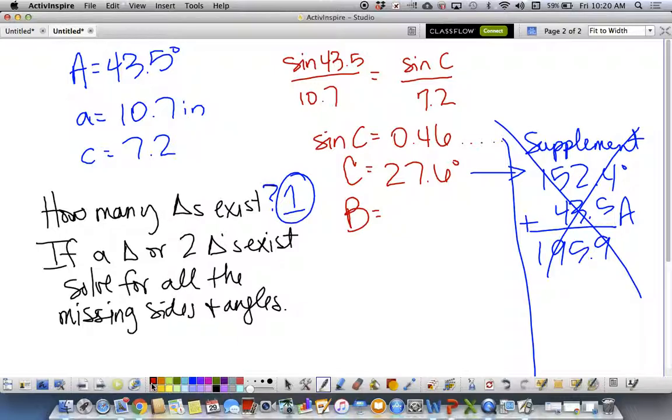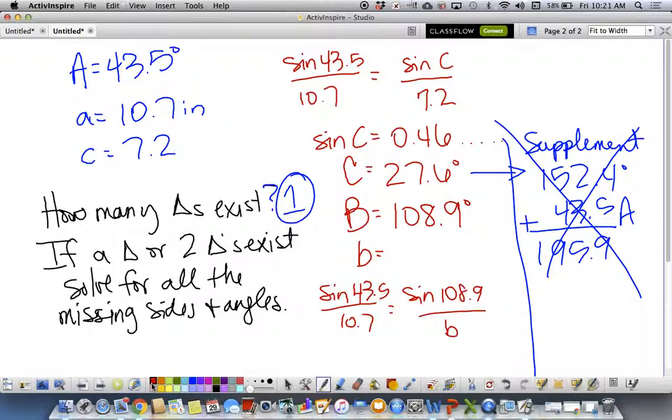And you got 108.9 degrees. And then you just do the law of sines. Then we need to find little b. We're just using the same: sine 43.5 over 10.7 equals sine B over little b.